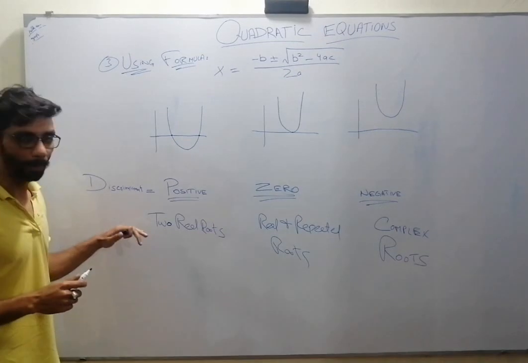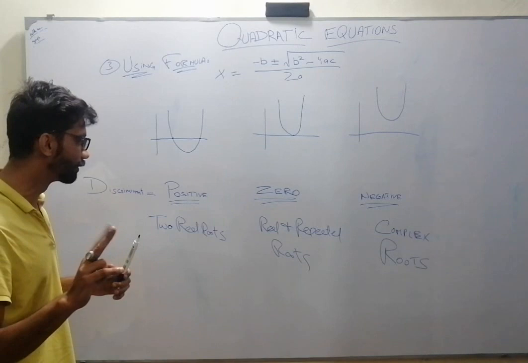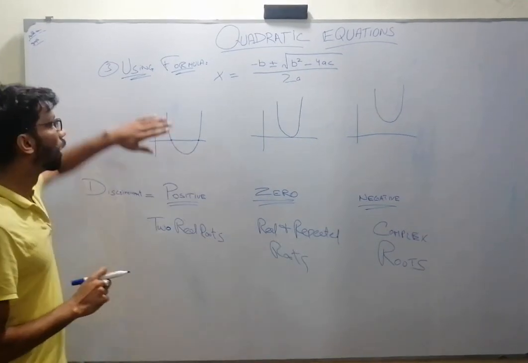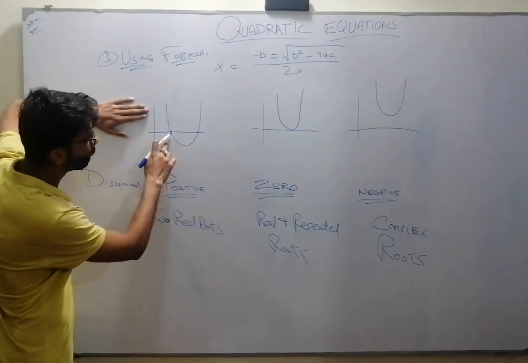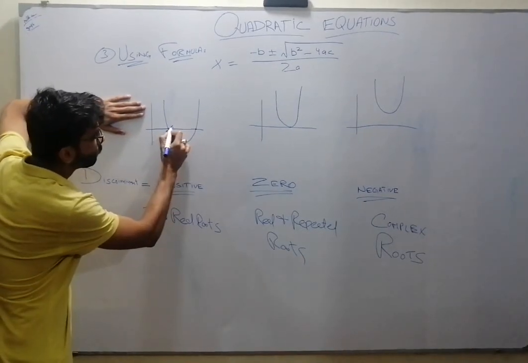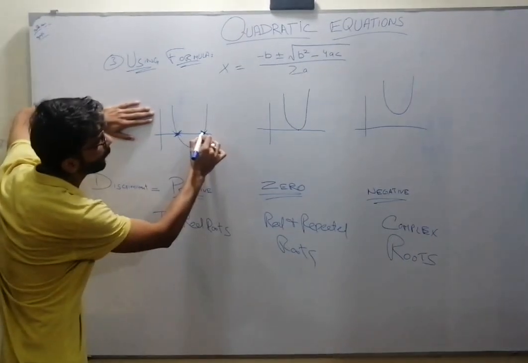Okay, if we get a positive answer for the discriminant, that means we'll be getting 2 real roots. How do we display that on a graph? Look, this is the graph. First point, and this is the second point.